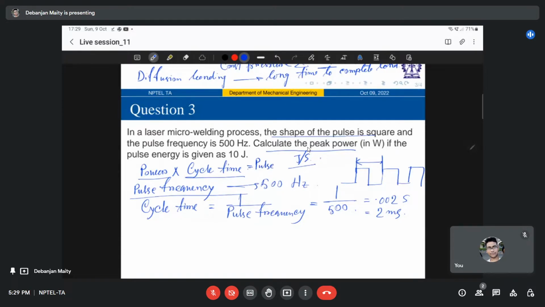As simple as that. So power needs to be calculated, that into 0.002, which is your cycle time, is equal to your pulse energy, which is 10 joule, right?